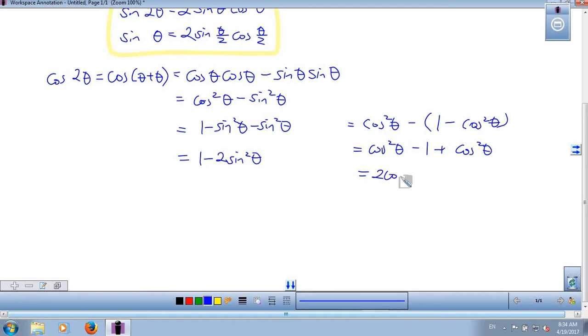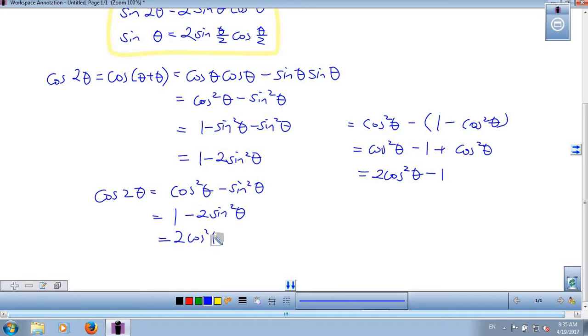Altogether we have 2 of them: 2 cosine squared theta minus 1. So there are several ways to represent cosine of 2 theta. In fact, there are 3 ways: cosine squared theta minus sine squared theta, or 1 minus 2 sine squared theta, or 2 cosine squared theta minus 1.